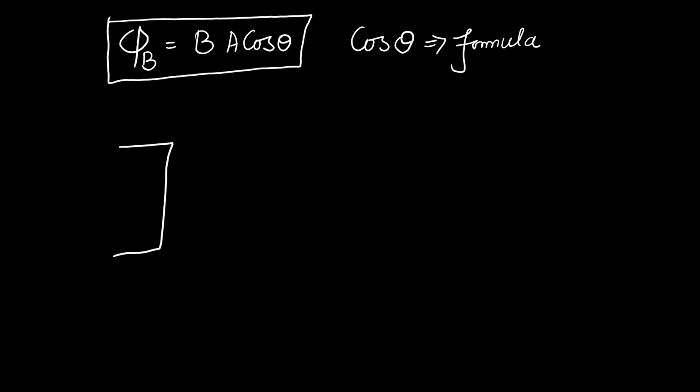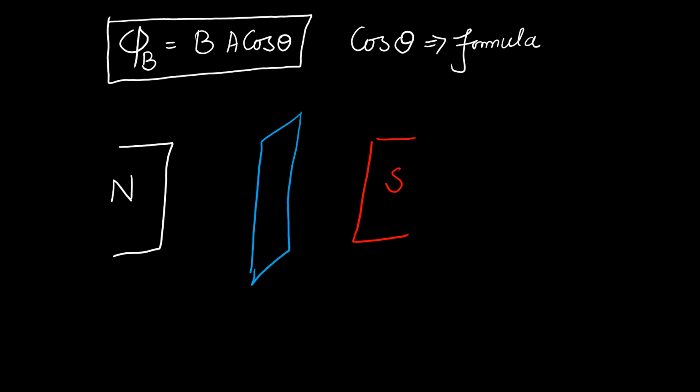Suppose we have a magnet with north and south poles, and we have a surface S. Let me rewrite again. Suppose we have a surface S which is present inside the magnet poles, and the magnetic field lines go from the north pole toward the south.